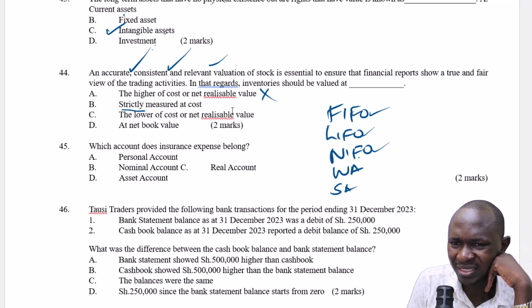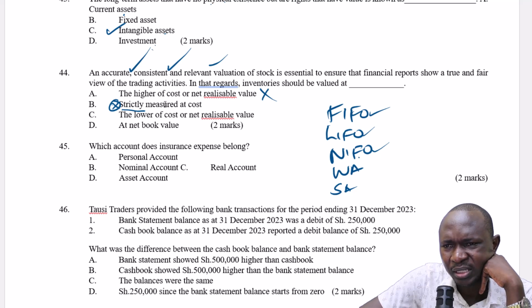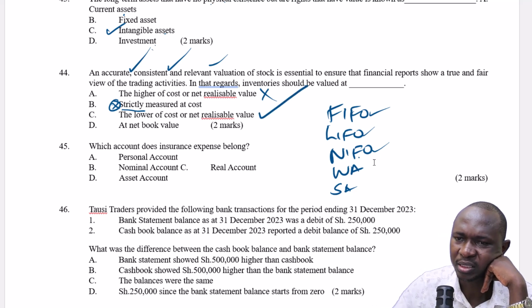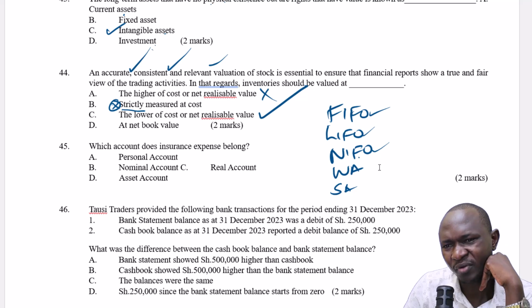So the word strictly comes in as a deterrent to this answer. Then number C, the lower of cost or net realizable value. This sounds as the best. And net book value, not really net book value. At net book value, what is net book value? Value as at that particular time.